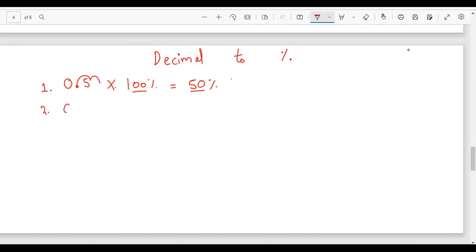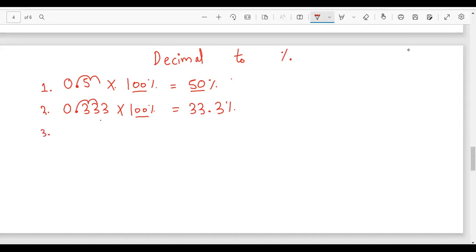Let's say you have 0.333 as decimal number. You need to convert it to percentage, multiply it by 100%. 0.333 multiplied by 100 is, we have two zeros. So this decimal would move 2 units to the right. So it would become 33.3%.